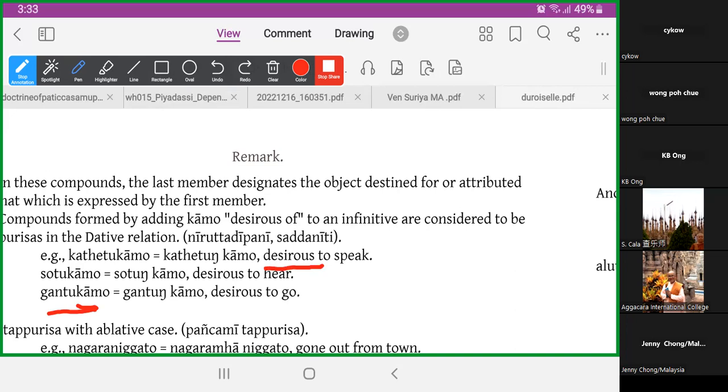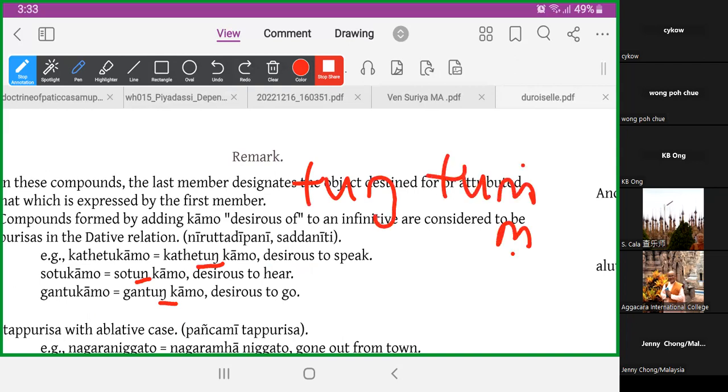Okay. So here, even though it's using the -tum suffix, not the dative suffix, you can see all these are -tum. It's an infinitive -tum suffix, but here it is considered as a Catutthi Tappurisa. So when you combine, you just drop the final niggahita, the m dot.